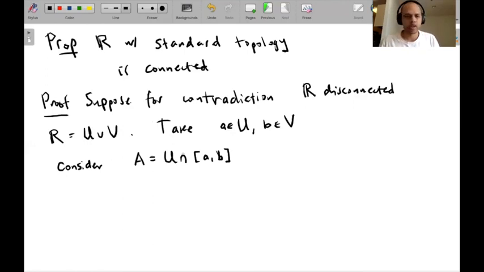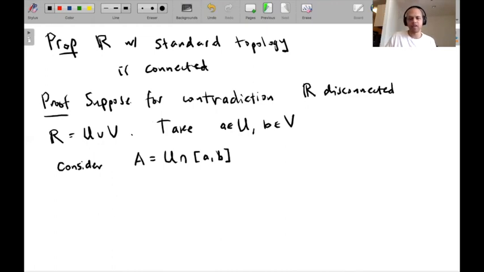We want to reach a contradiction, and we're going to do that by showing either U or V is not open. And the way we'll do that is to find a point in U which is a limit point of V, or a point in V which is a limit point of U. If we can do that, then either U or V is not open. Okay, so that's what we're aiming for.